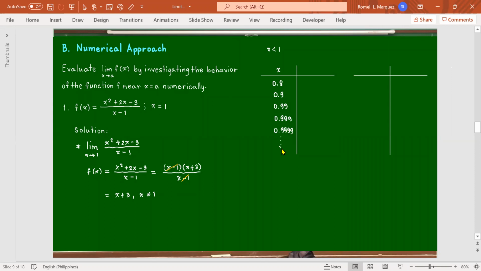And let's see what we will get as the values get closer to 1.